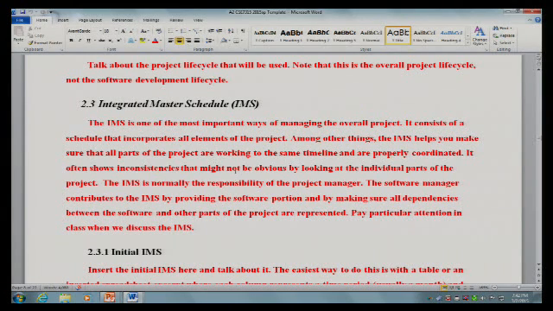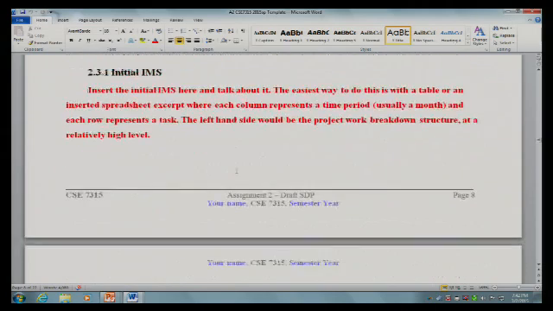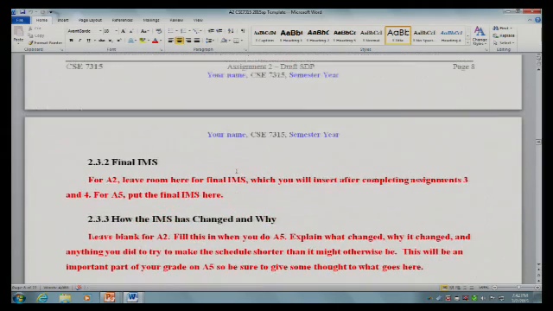And then for assignment 5, you're going to show a later integrated master schedule that says, now that I've taken the course and done assignments 3 and 4, I have new insights on this schedule, and I think it needs to look like this. And what I'm going to be grading when you do assignment 5 is whether your discussion of how it changed makes a lot of sense.